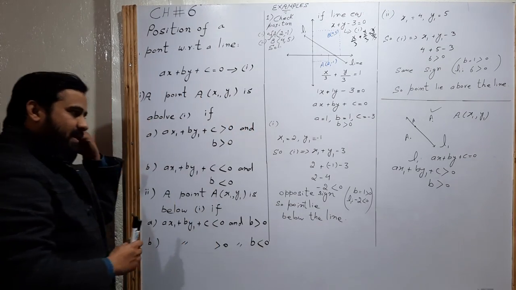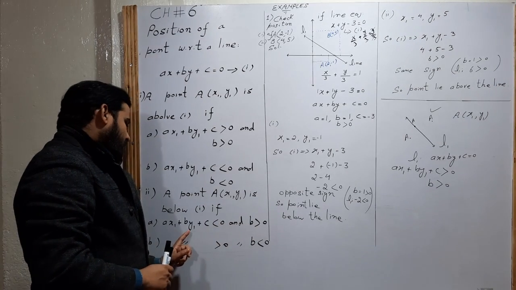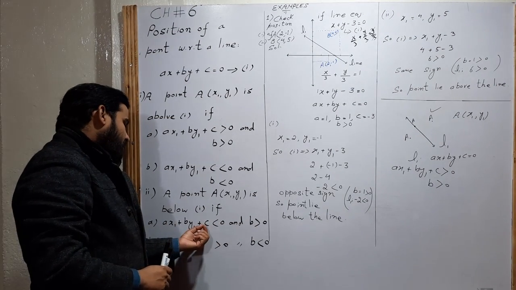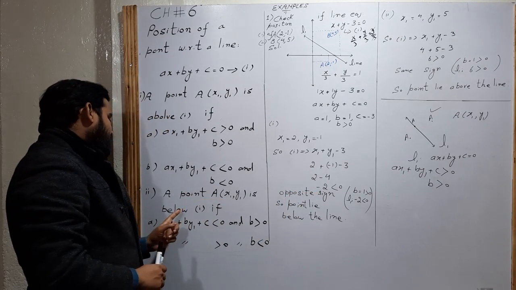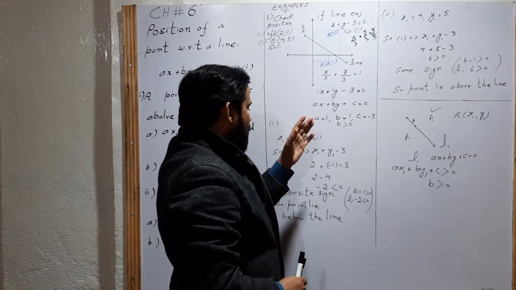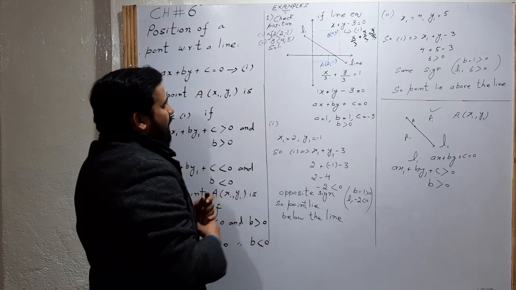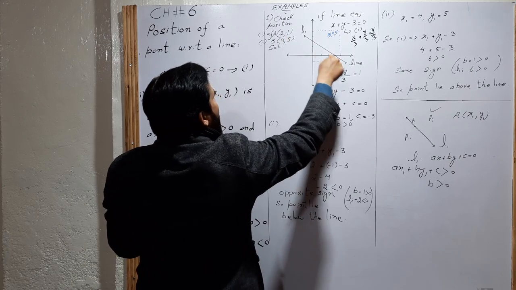Which case is that? B is greater than 0, but after putting the point in the line it gives us a negative result. So it means that the point lies below this line. Clearly in the graph, draw the point: on the x axis 2 units, on the y axis minus 1.